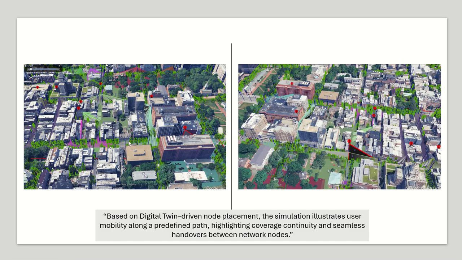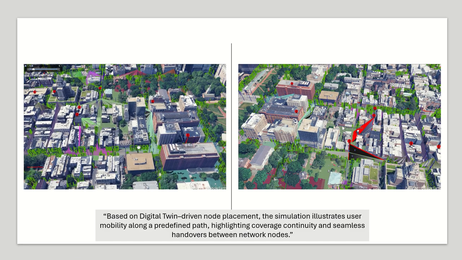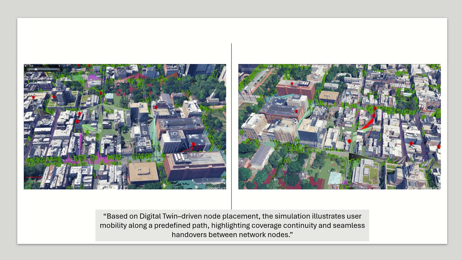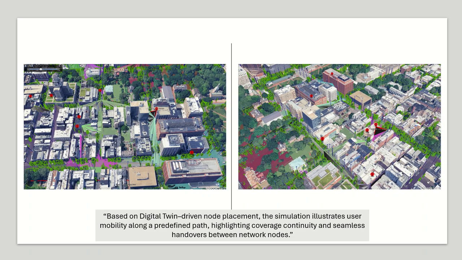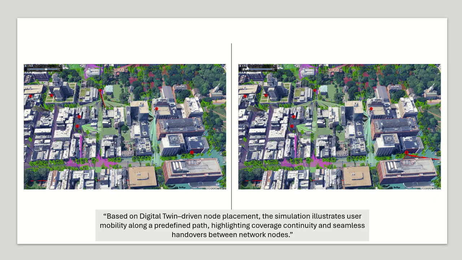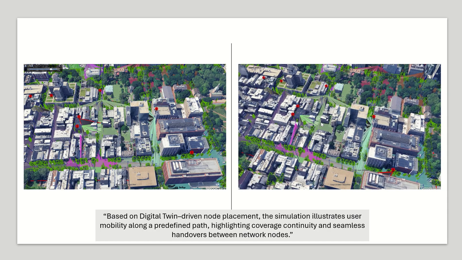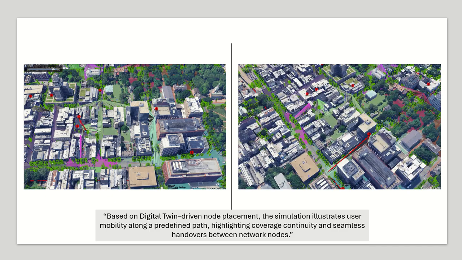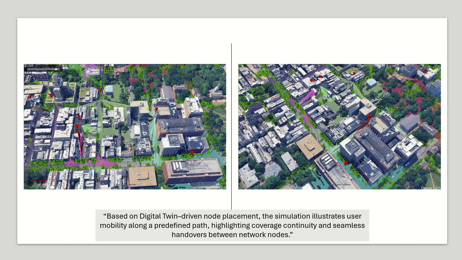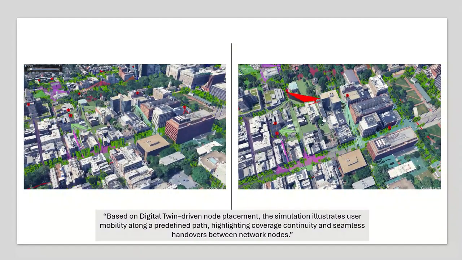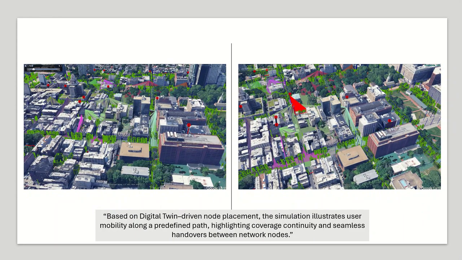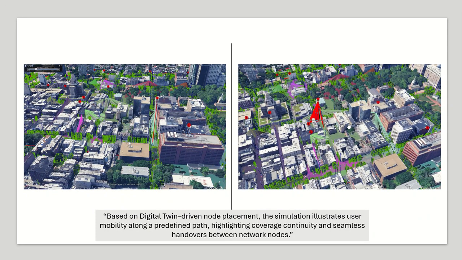The visual demonstration clearly shows how a digital twin helps network planners visualize area-wide coverage in advance, identify coverage gaps or overlaps, experiment with adding or removing nodes to optimize coverage and cost, and strategically combine legacy infrastructure, like existing infrastructure from previous technologies like 2G, 3G, or 4G, with new technologies like mmWave or 5G, 6G for maximum efficiency.